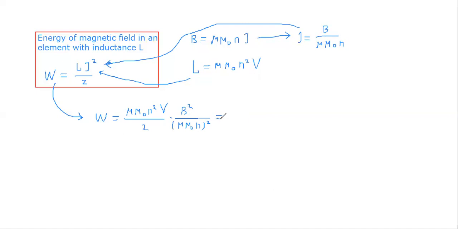Okay, and after simplifying we have that this is equal to B to the power of 2 divided by 2 mu 0 multiplied by V.